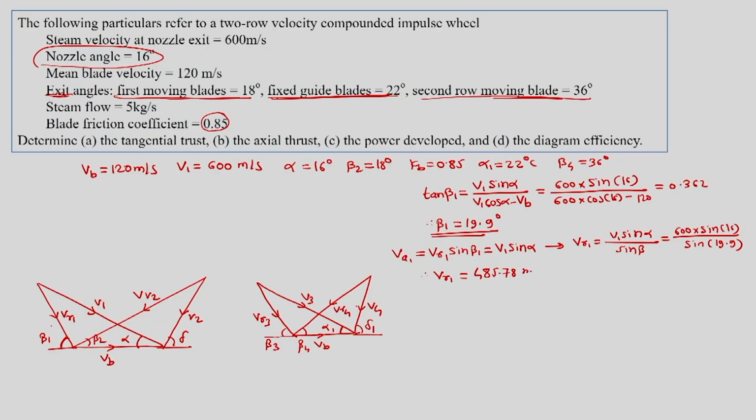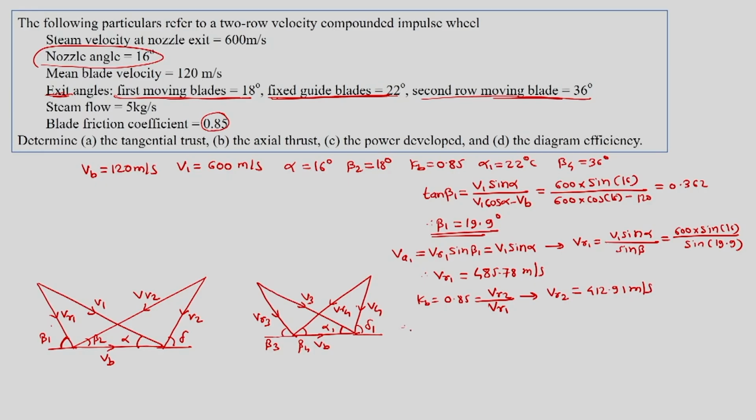So VR1 is equal to 485.78 meters per second. Now we are told that friction factor KB is equal to 0.85. We know it is VR2 upon VR1. So VR2 is equal to 412.91 meters per second.